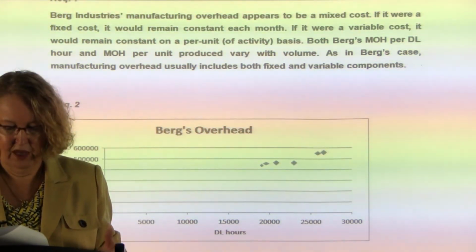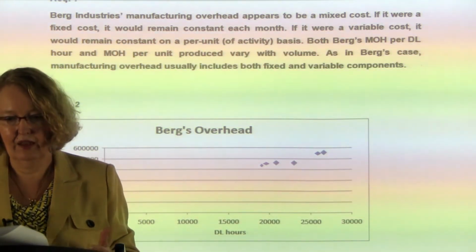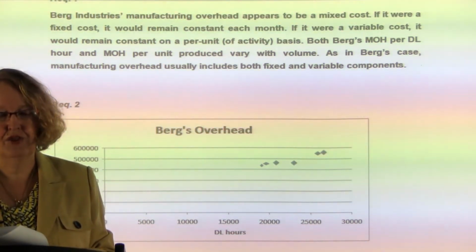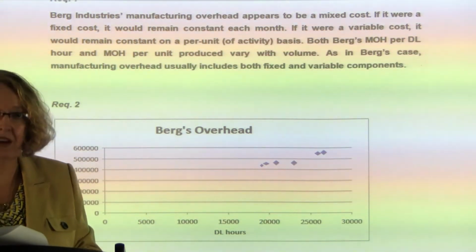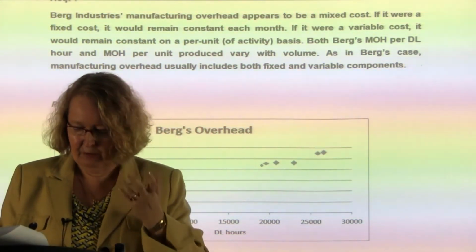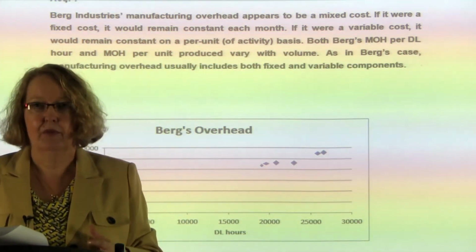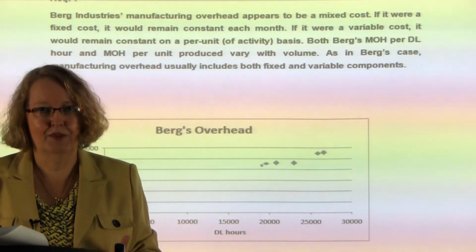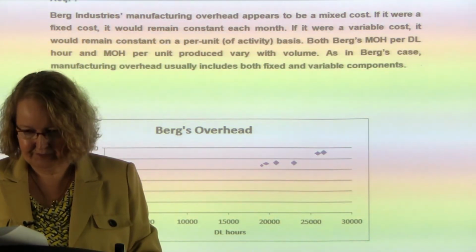The fact that the costs are changing each month would indicate that, based on volume, the manufacturing overhead has both fixed and variable components. So when we say mixed cost, here we see that these overhead costs, for example, for July, $460,000, there's going to be a portion that will be fixed and another portion that will be variable, and that's pretty much the case with all of your manufacturing overhead cost.